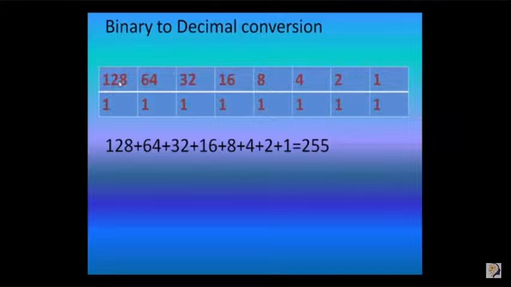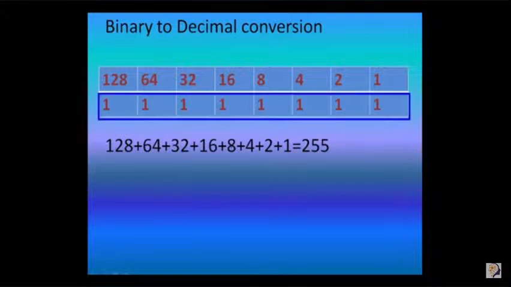Suppose we have an IP in binary that is all 1s. What can be the maximum value? 128, 64, 32, 16, 8, 4, 2, 1 gives 255, which means an 8-bit value.